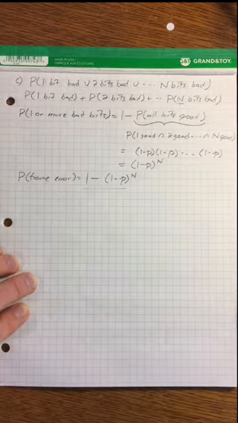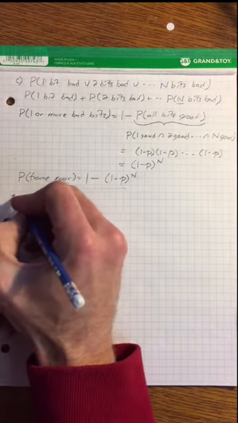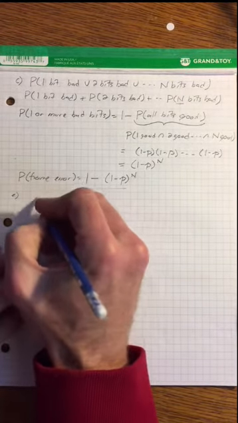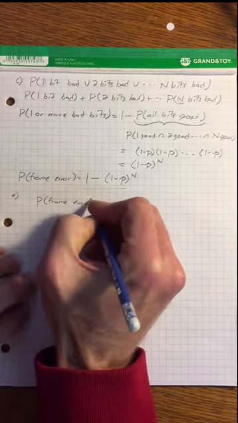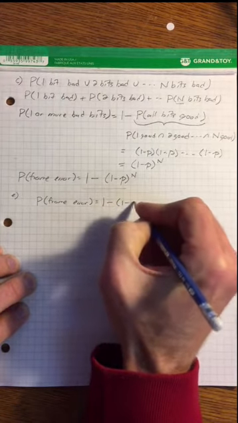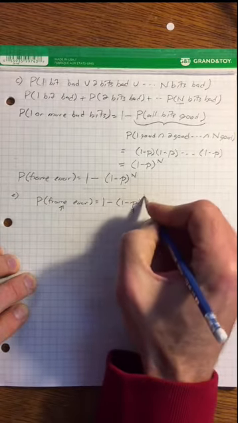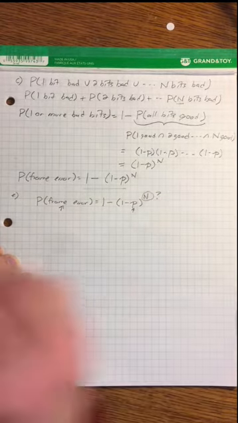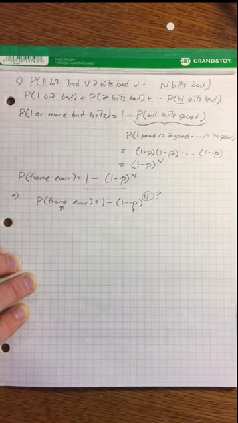Part E is where you know the probability of frame error, so you know this value, you know the value of p, and you have to solve for the value of n. At least one person said they weren't sure how to do that.